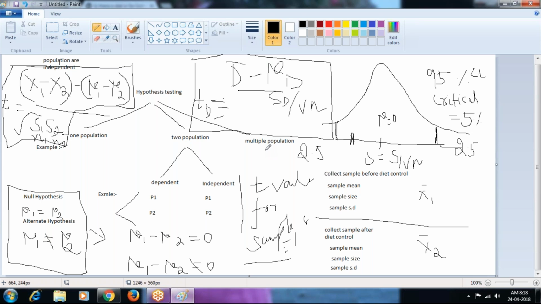Here you are retaining the population, and these populations are completely dependent, but there is a treatment effect. Whether the treatment effect is significant or not, you can set up a paired t-test hypothesis and evaluate it.